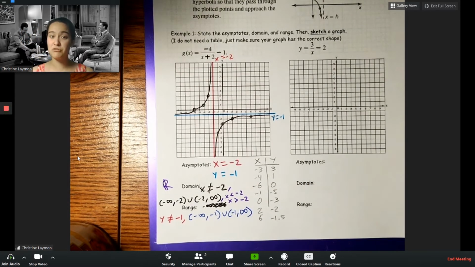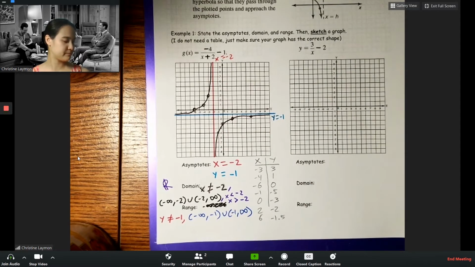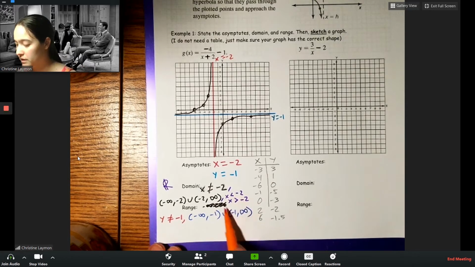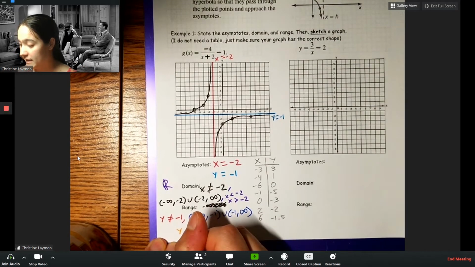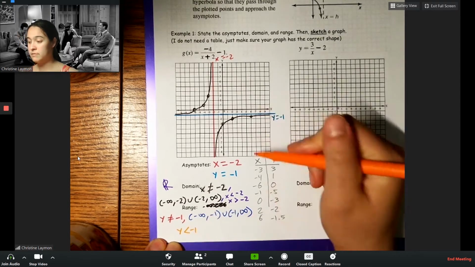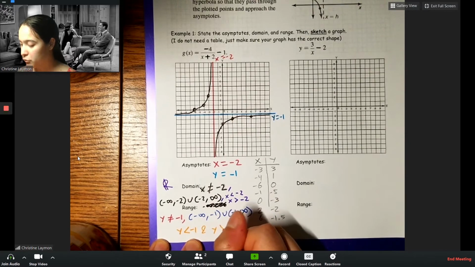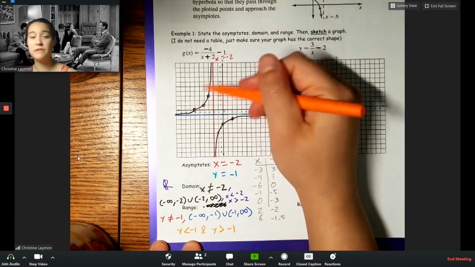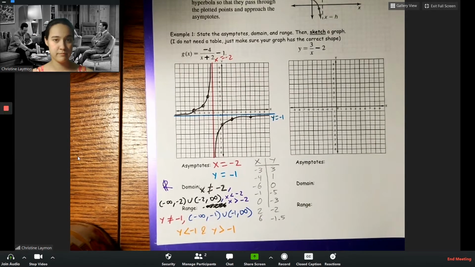Again, I can't actually reach the -1, just sitting right here. I can get close, I can't reach it. And then lastly, for the inequality method, I can say that y is less than -1. That means going down. And y is greater than -1. That's going up, but never will I actually equal -1. So that's my first example.